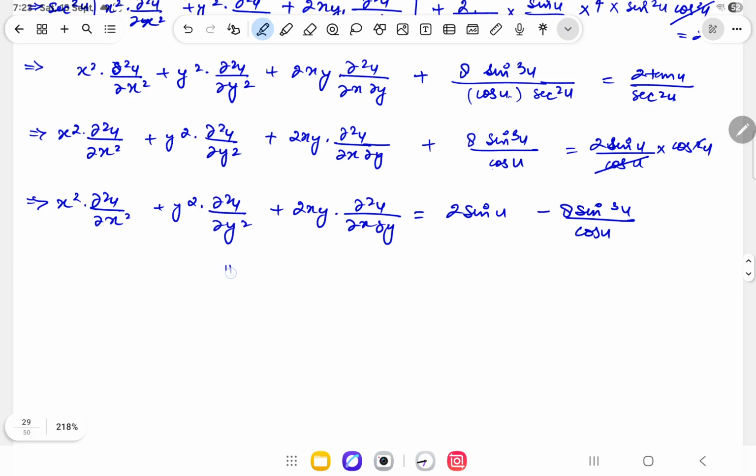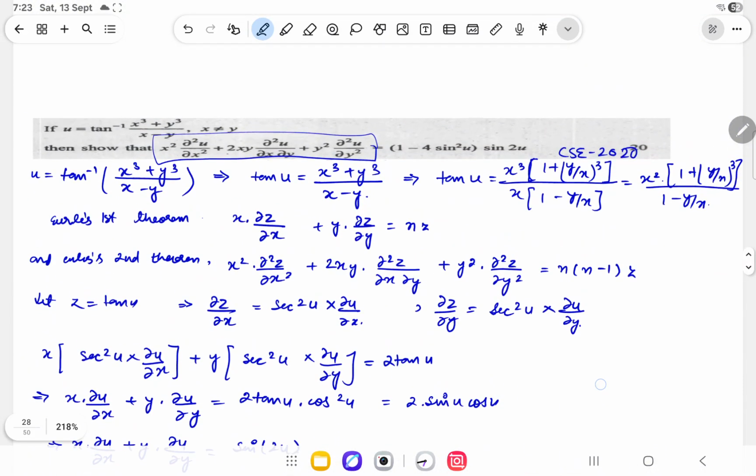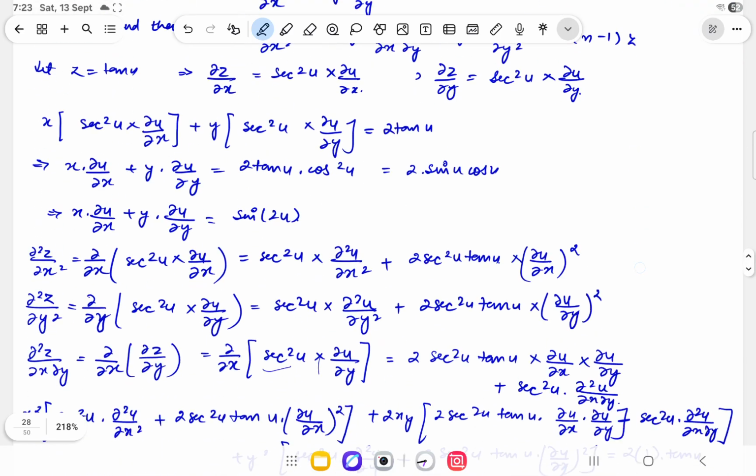So the term on the left hand side is the same. If we simplify the term on the right hand side, we can take 2 sin u as common, so we'll get 1 minus 4 sin square u by cos u, and we're supposed to prove 1 minus 4 sine square u into sine 2u.